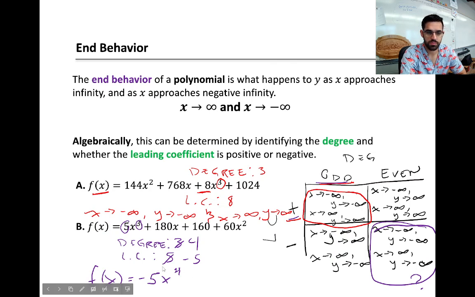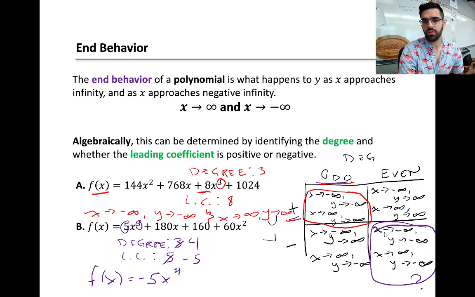So if this was example B, negative 5x to the power of 4, it'd be an even degree polynomial with a negative leading coefficient. That would mean that as we go left, we go down, whereas x approaches negative infinity, y approaches negative infinity. And as we go right, we also go down, whereas x approaches positive infinity, y approaches negative infinity.